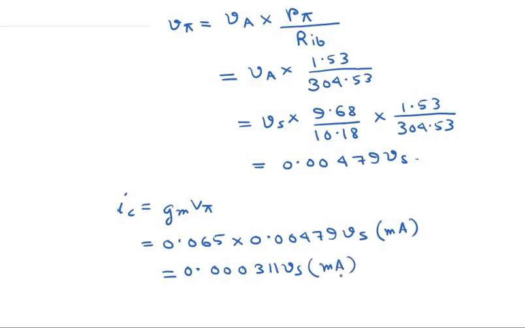Now, what is the output voltage? V0 is equal to minus IC times RC parallel to RL parallel to R0.